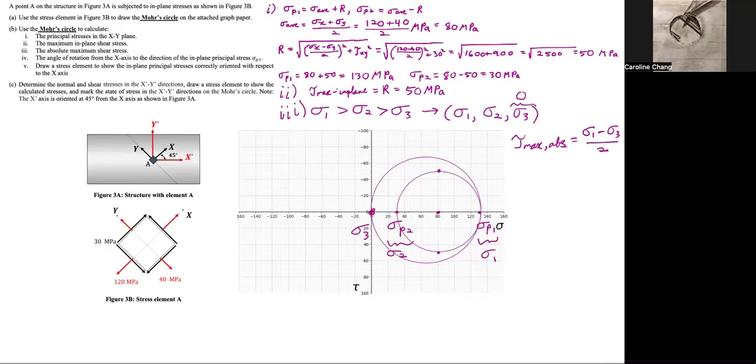over 2. And since sigma 1 is the maximum stress and sigma 3 is the minimum stress by definition, we will use those values. So sigma 1 is equal to our principal stress 1 in this specific problem, so equal to 130, and sigma 3 is equal to 0. We divide this by 2 to get 65 megapascals.